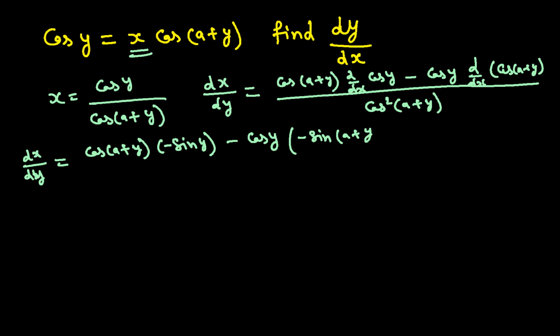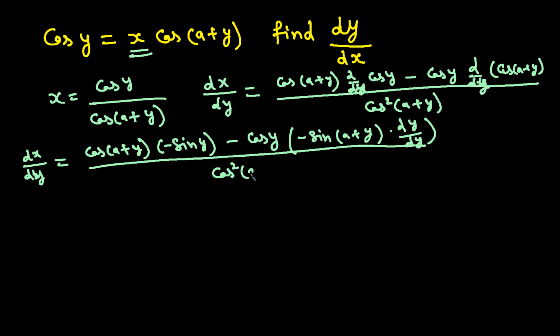Uh-oh, I made a mistake. This is d over dy, not dx. Okay, and into the chain rule formula, so derivative of y over dy, divided by the square of denominator, which was cosine square of a plus y.